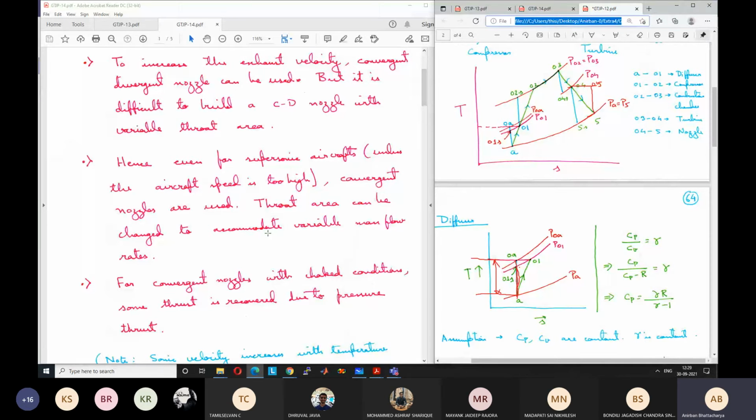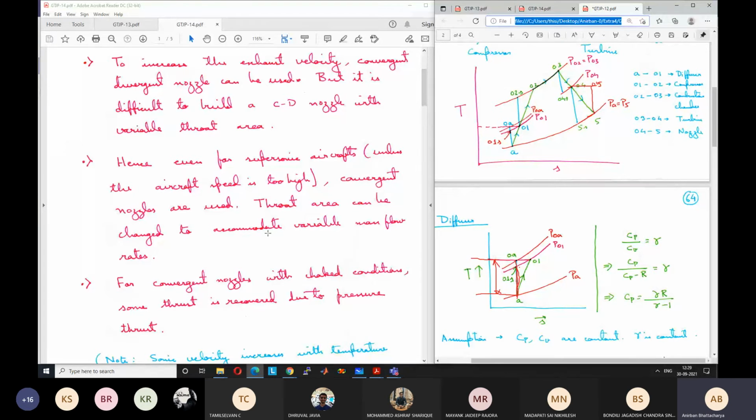Although the aircraft is supersonic, the aircraft Mach number is calculated with respect to the ambient temperature, ambient sonic velocity. So even if the aircraft is supersonic with respect to ambient condition, the exhaust velocity will still be higher even if it is at sonic velocity. Obviously, otherwise there cannot be any thrust.